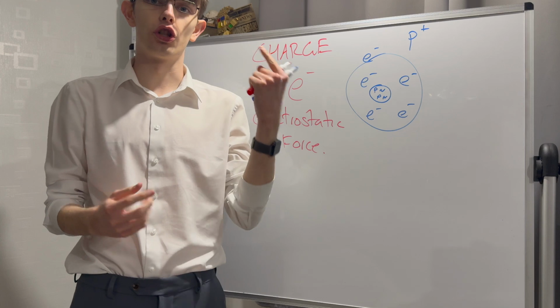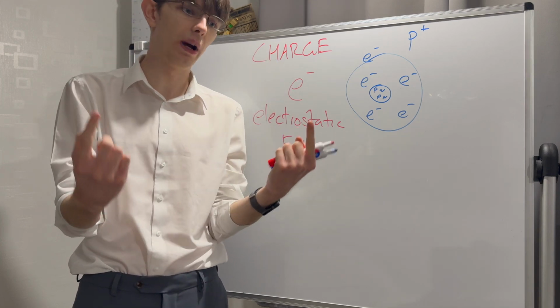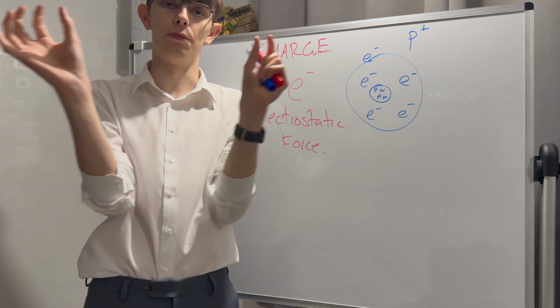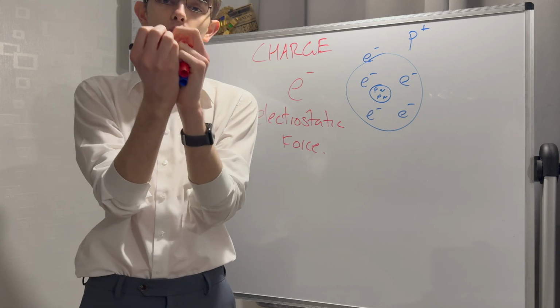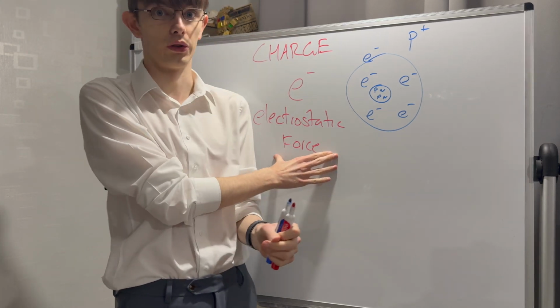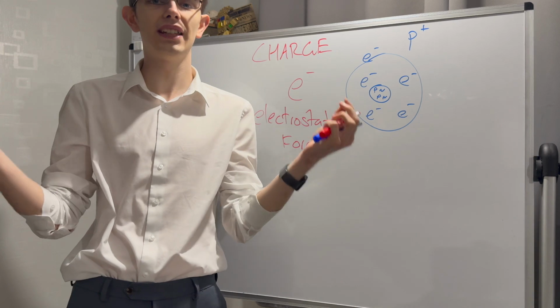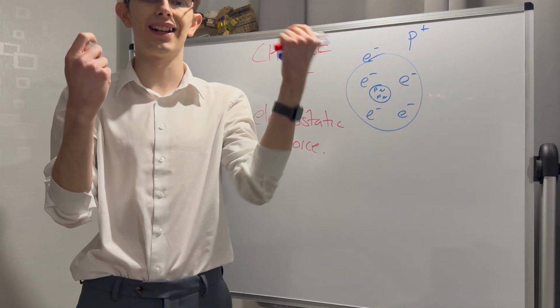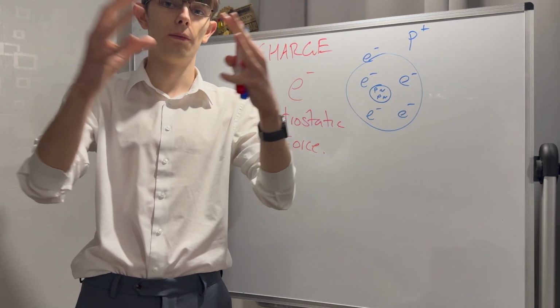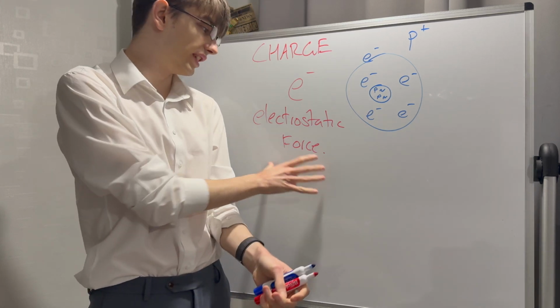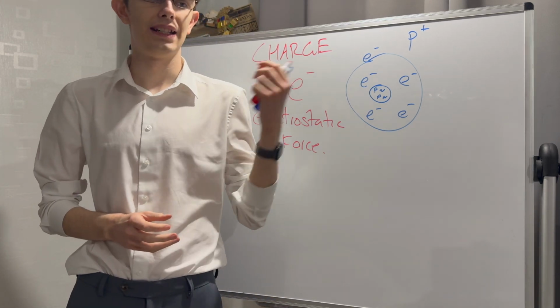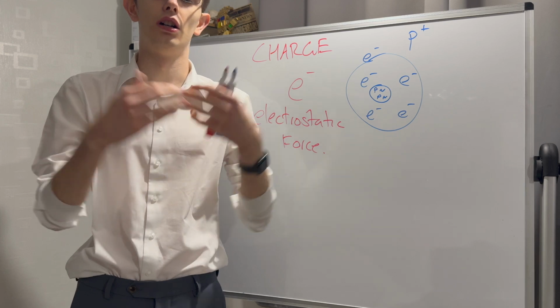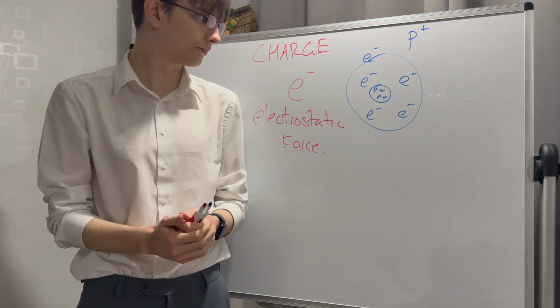If you have two like charges, as I'm sure you're aware, they will repel. If you put two electrons next to each other, they will repel each other using this force. Two protons will do the same, but a proton and an electron will pull each other together using the electrostatic force. Negative and positive come together, like charges repel.